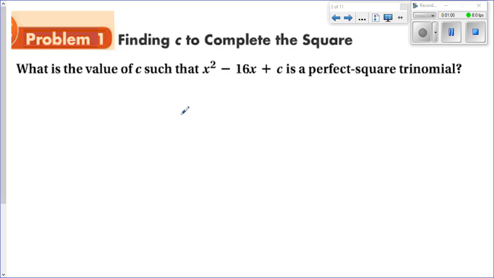Okay, so we start off like this. We have x squared minus 16x, and we're wondering, what do we add right there to get this to be a perfect square trinomial?